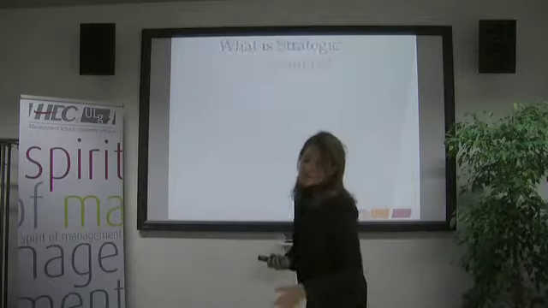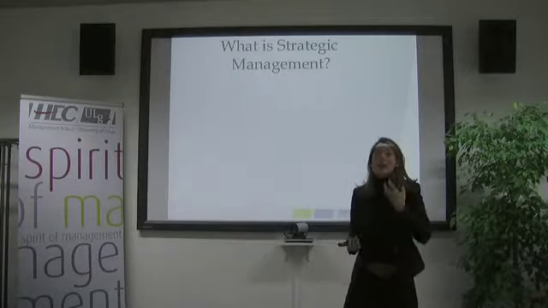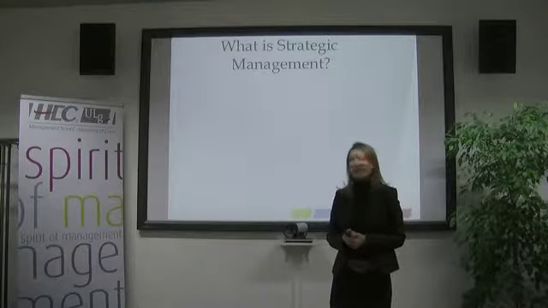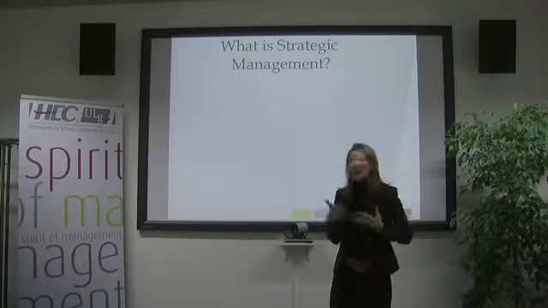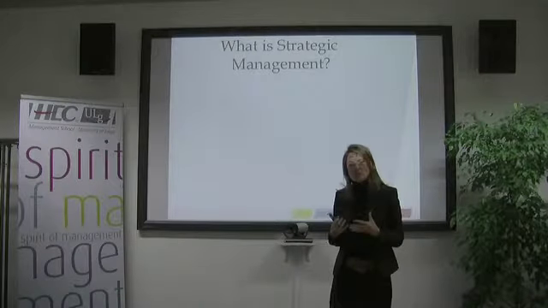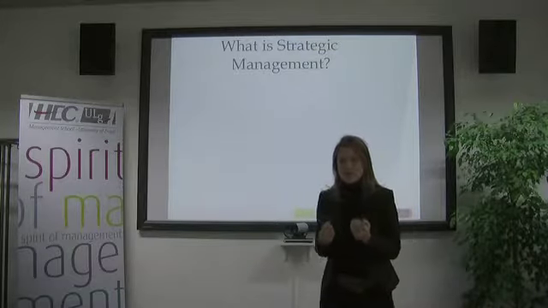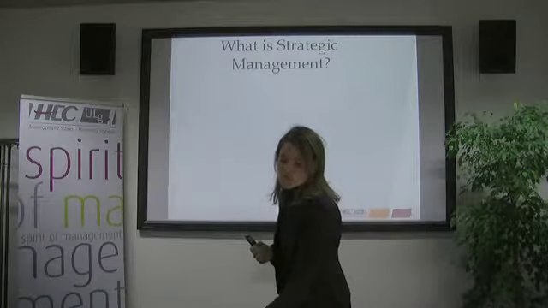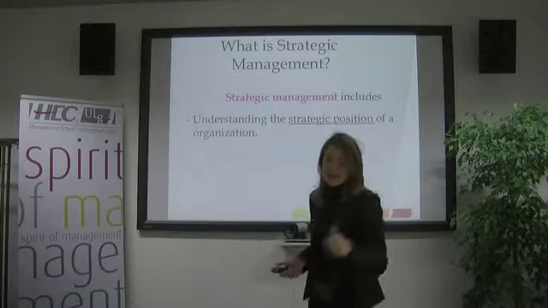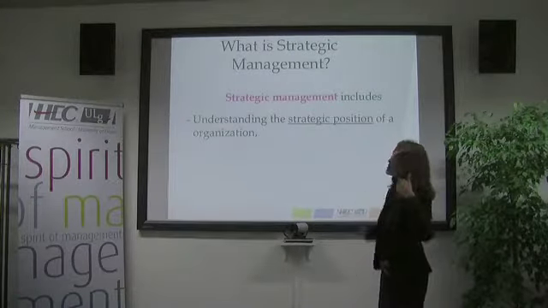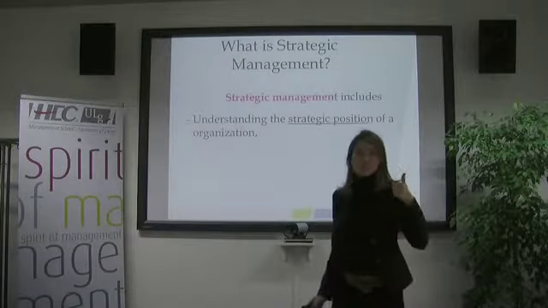So now, after having defined what strategy is, what is strategic management? Okay, how can we elaborate a good strategy and make sure that it's well implemented? Okay, so strategic management includes three main things. It includes, firstly, understanding the strategic position of an organization.